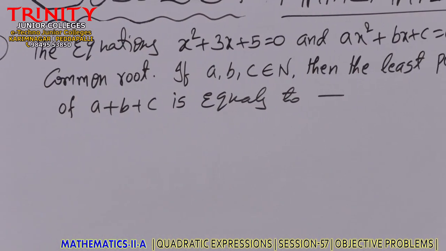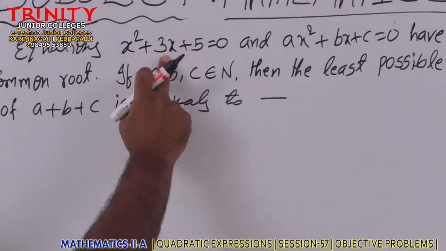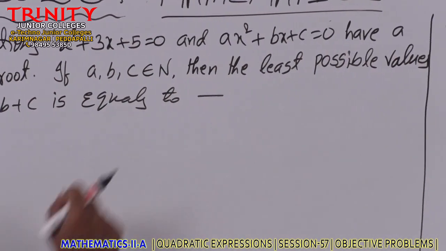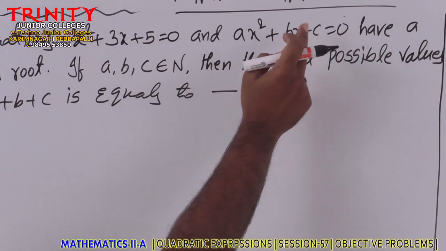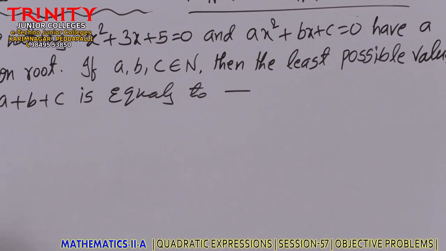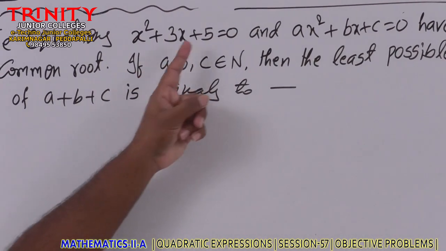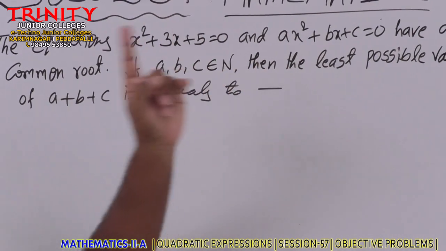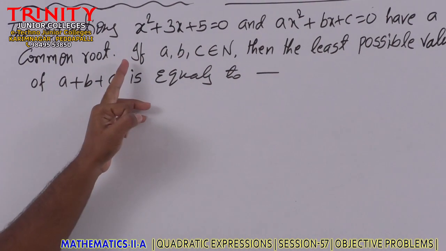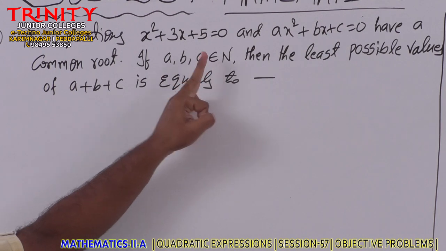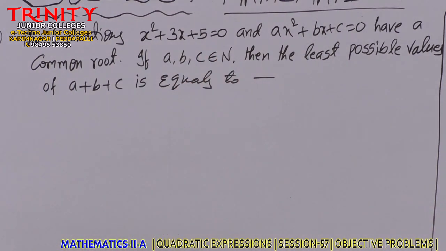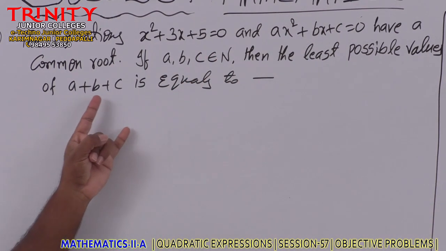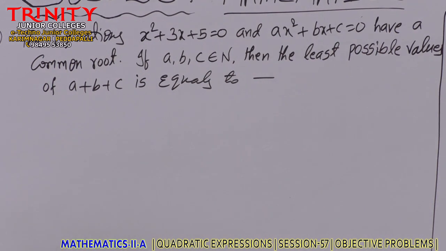The equations x square plus 3x plus 5 equal to 0 and ax square plus bx plus c equal to 0 have a common root. If these two quadratic equations have common roots, if a, b, c are natural numbers, then the least possible value of a plus b plus c is equal to.